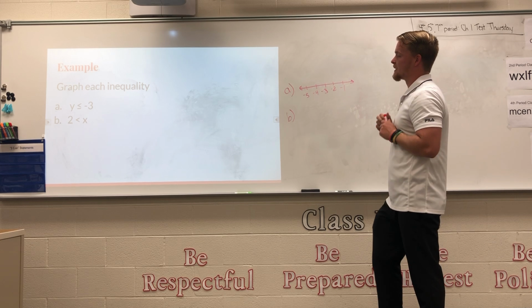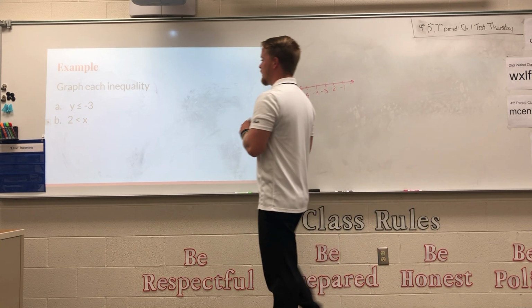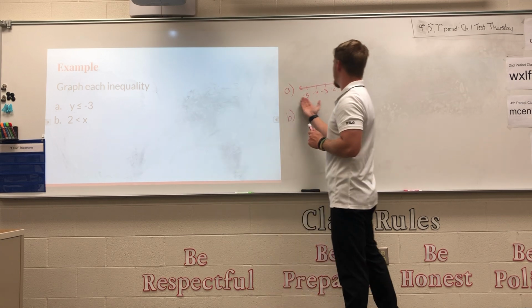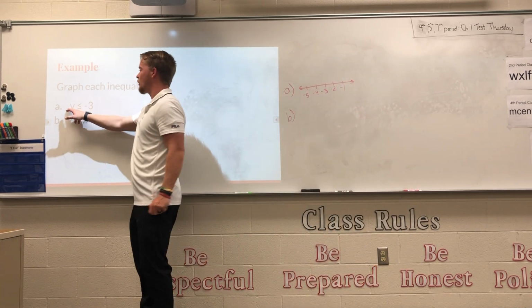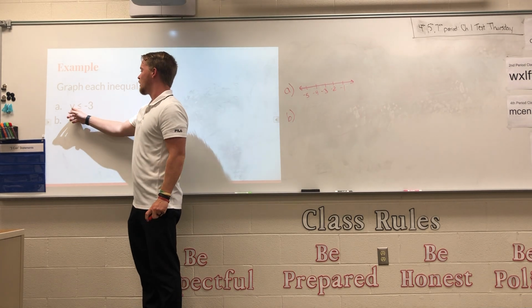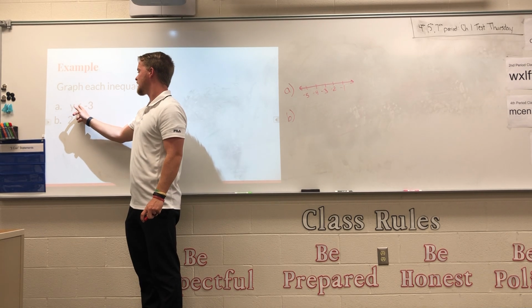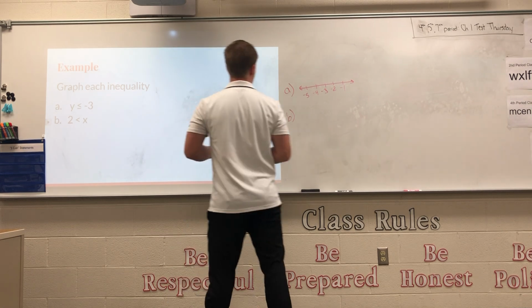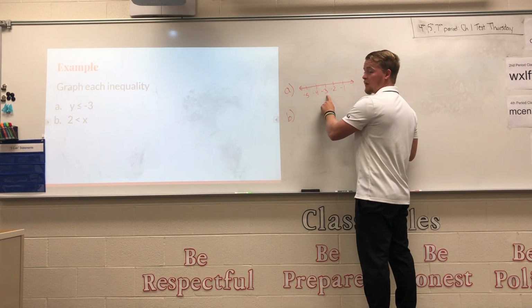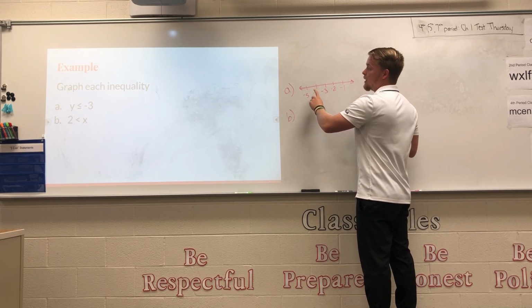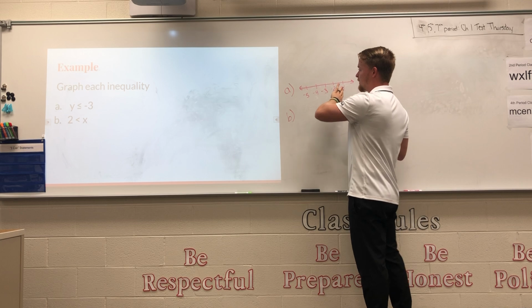So y is less than or equal to negative 3. This number line is going to represent any number we plug in for y that will make this true. Remember, less than is always to the left. So less than numbers would be negative 4. Negative 4 is less than or equal to negative 3. Negative 5 is less than or equal to negative 3.